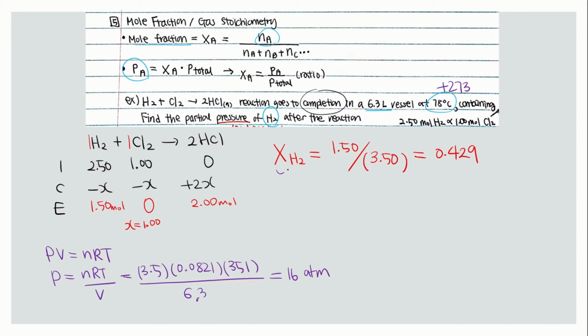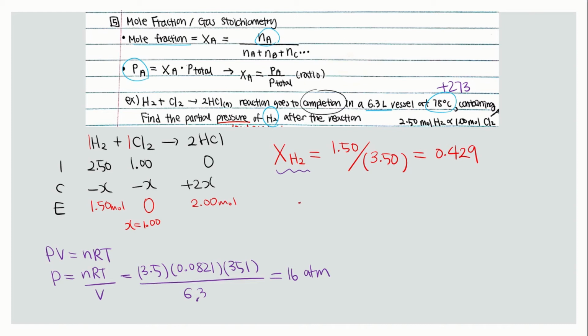Because you know the mole fraction of H2, you can now calculate the partial pressure of H2 by using this equation. Partial pressure of a certain compound equals the mole fraction of that compound times the total pressure.